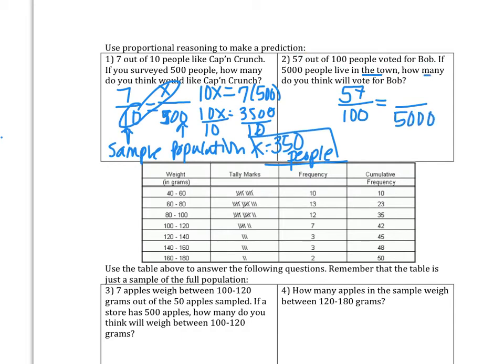How many do you think will vote for Bob based on our sample? 100x equals 57 times 5,000. Divide both sides by 100, and x is going to be 2,850 people.